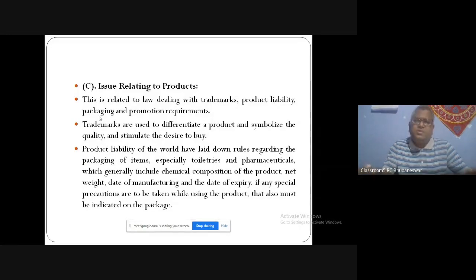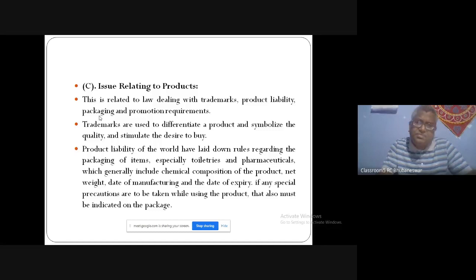If you talk about product, there is the law relating to trademarks, copyright, liability, packaging and differentiation, symbolizing of the quality of the product, any type of product liability, and some pharmaceutical issues also. These are the issues relating to products.